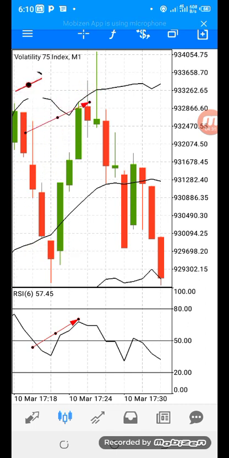Immediately we have our 2 consecutive wicks touching the upper Bollinger Band, we check our RSI filter. At the same time, the RSI is moving above the 80 line, which is the overbought region.